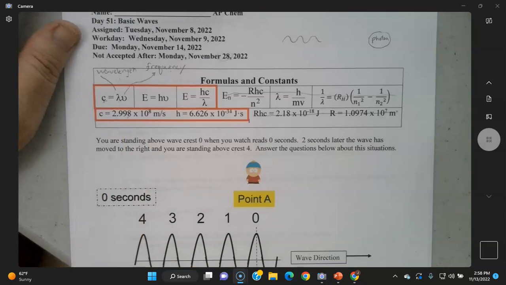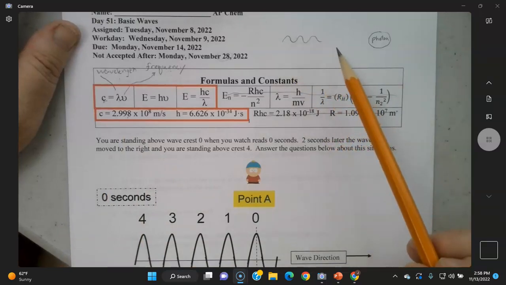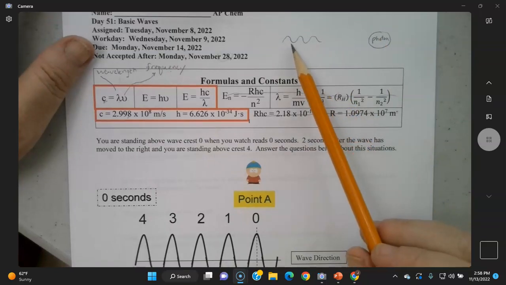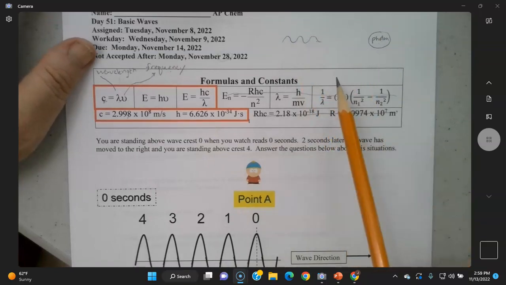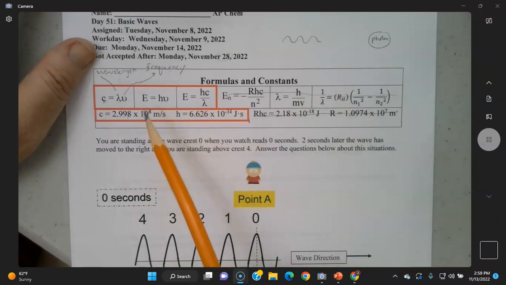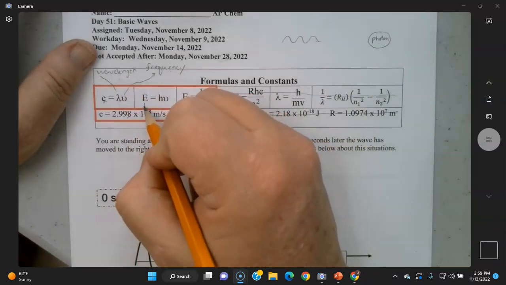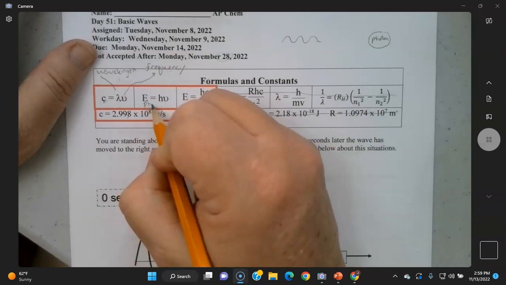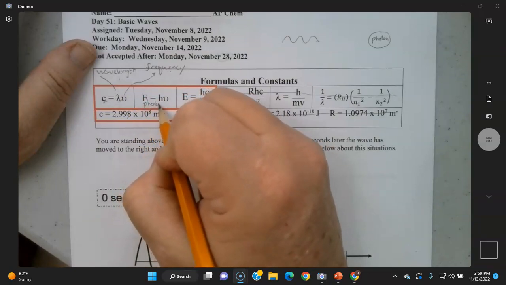Now, the two equations that relate this idea of waves being both waves and particles, let's just think of light in this sense. Light being both a wave and a particle are these two equations. And what it's saying is that the energy, that's E, of a photon. And I could have written that here, but usually the equation is written like this.